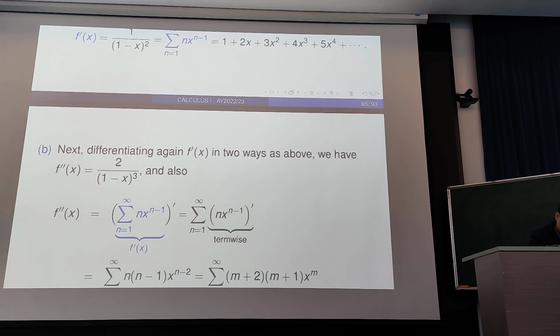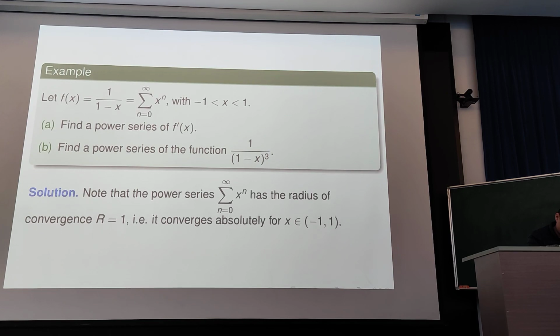So in part B, we are asked to find the power series of this function. That is what I told you before. If they give you a function and ask you to find the power series representation, you might think about using the differentiation of a power series.